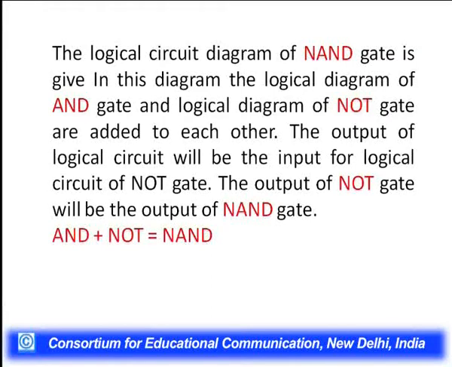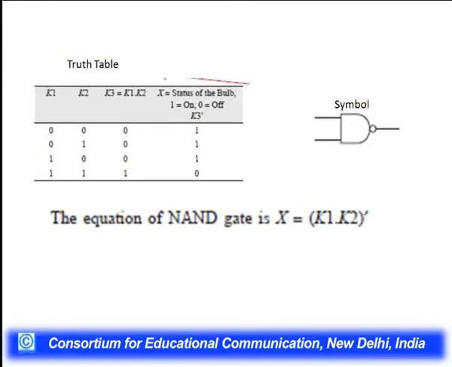The output of the AND circuit will be the input for the logical circuit of the NOT gate. The output of the NOT gate will be the output of the NAND gate. So, you can say AND plus NOT equals NAND. Now, see here the truth table for the NAND gate.